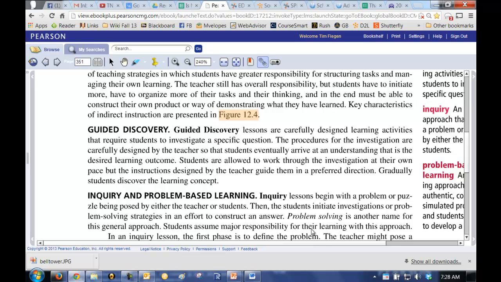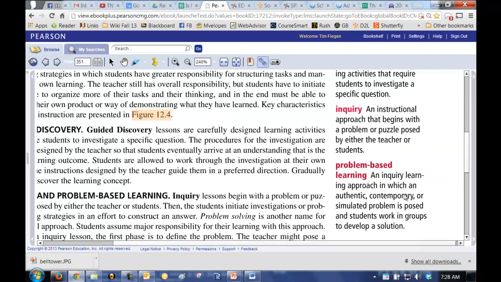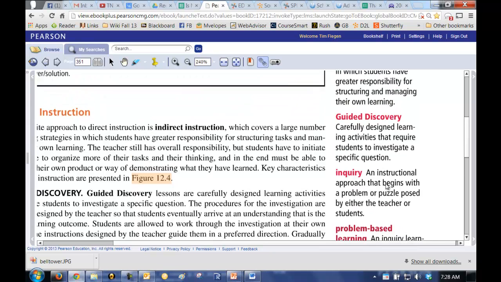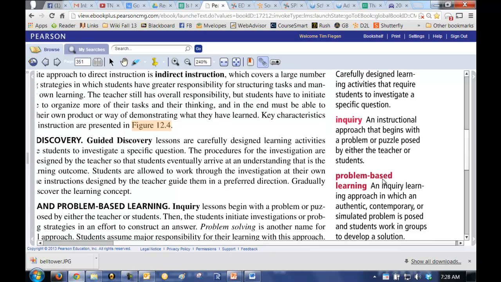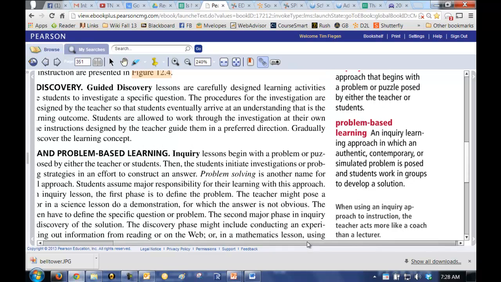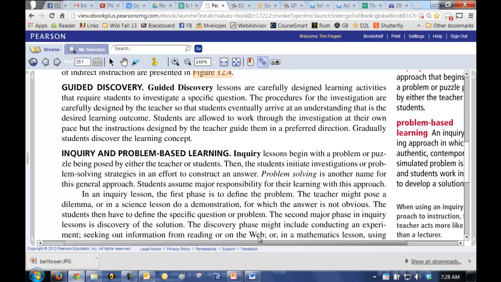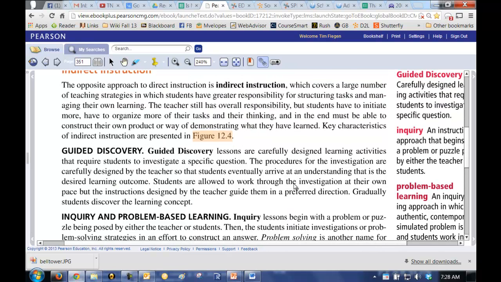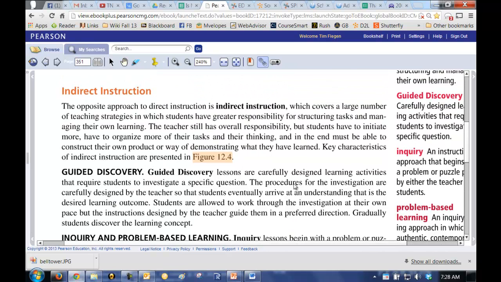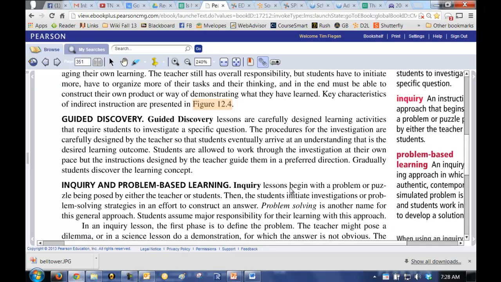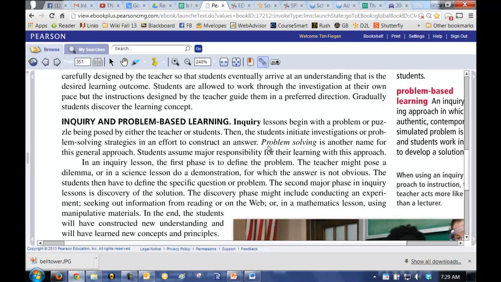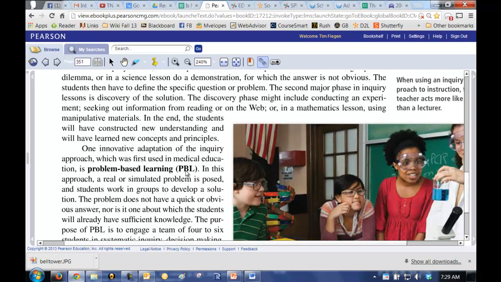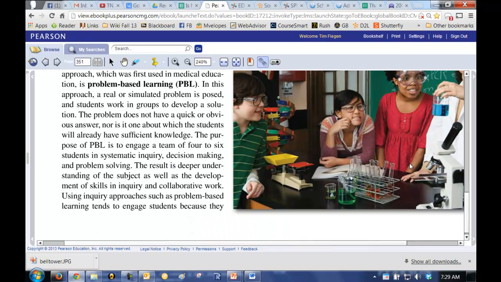And again, here are some definitions that may help you. But again, I will be very surprised if in your preparing to be a teacher, in your methods classes and so on, you don't come back and visit some of these. Inquiry, problem solving, problem-based learning.